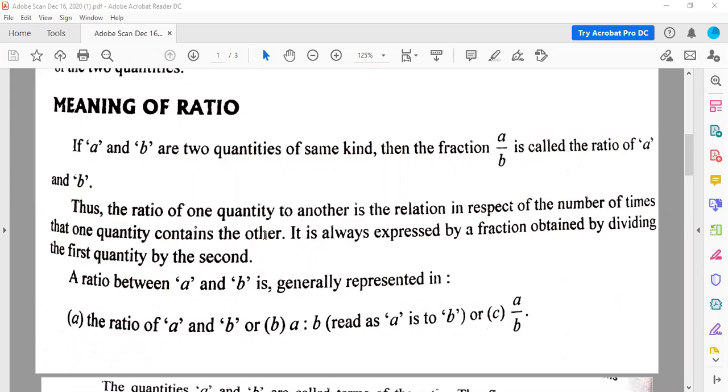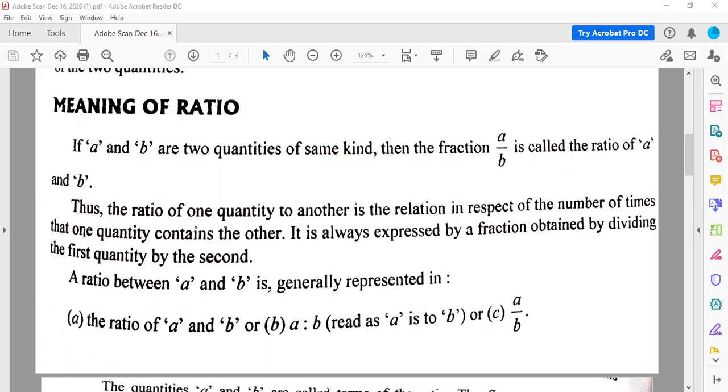Ratio of one quantity to the other in respect of the number of times one quantity contains the other. So when we compare, we can also compare them quantity-wise, where we are saying that one quantity is containing more than the other.